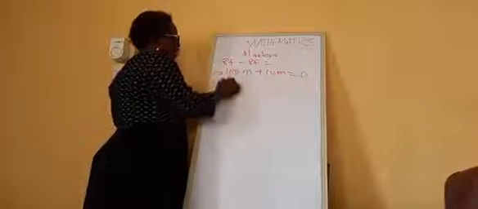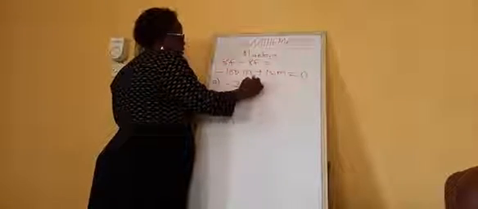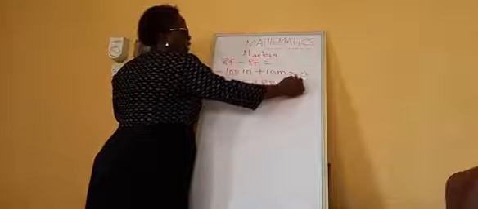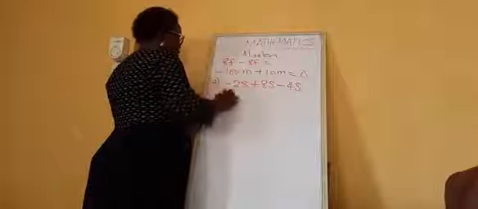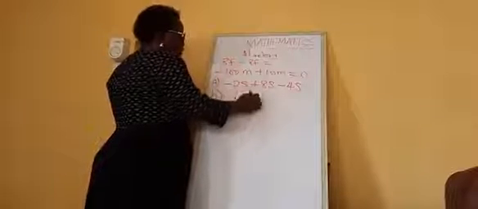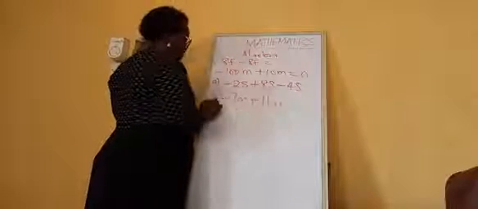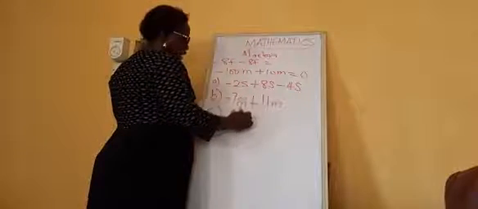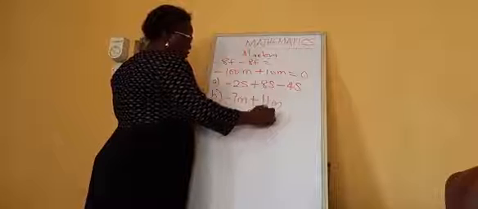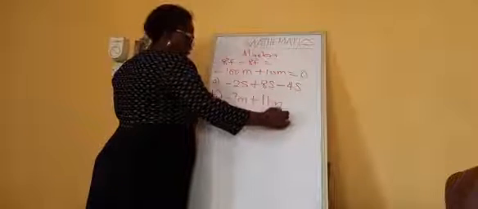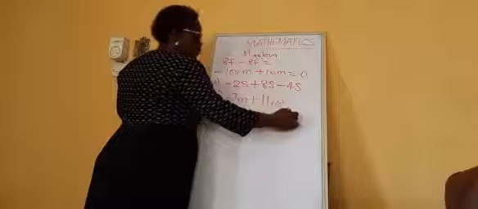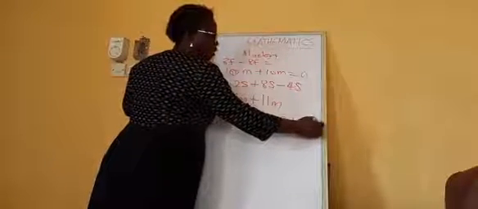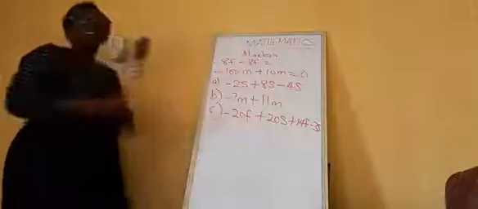The first one is minus 2s plus 8s minus 4s. B, minus 7m plus 11m. C, minus 20f plus 20s plus 14f minus 3s. So what will be the answer?